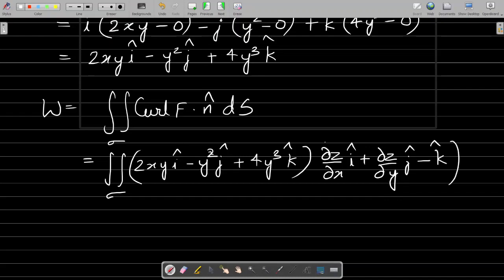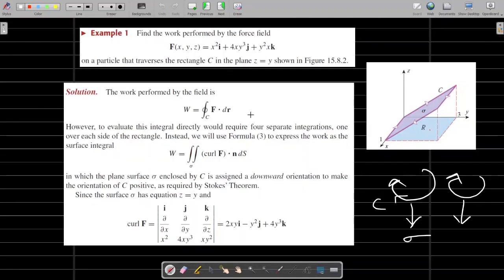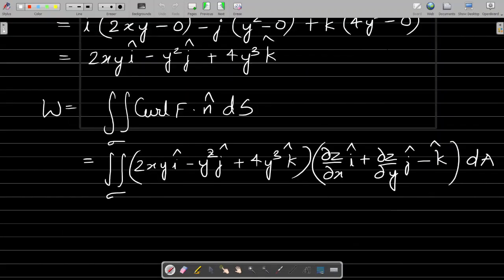This you would have studied when you were dealing with flux integrals. Now we have to find dou z by dou x, dou z by dou y, and so on. So what is your z? z is equal to y. So if z equals y, that implies dou z by dou x is equal to 0 and dou z by dou y is equal to 1.